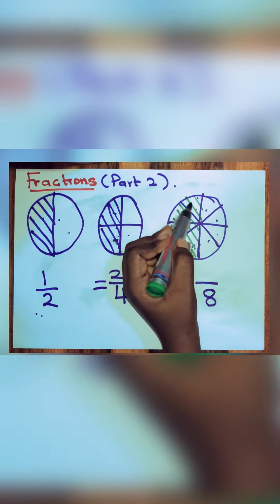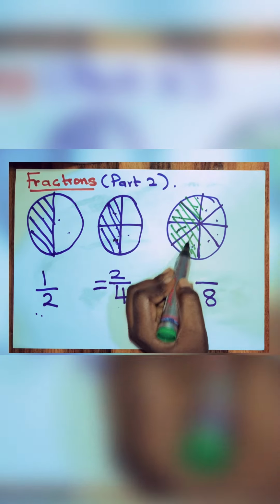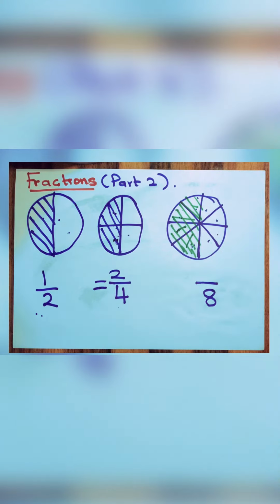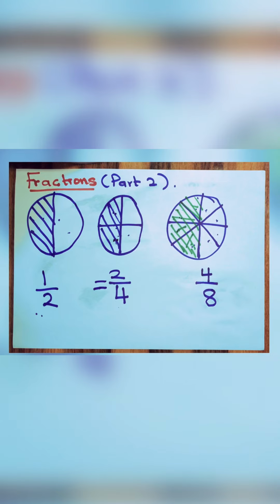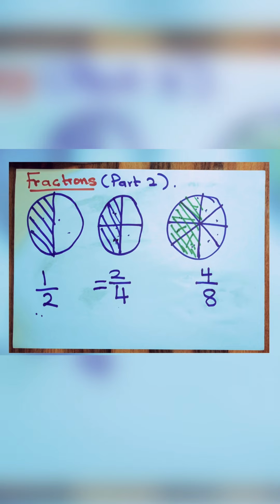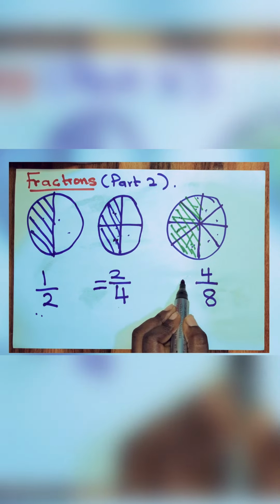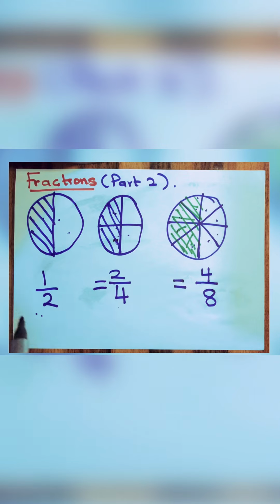Well, I have eaten 1, 2, 3, and 4. So our numerator here will be 4. So I have eaten 4 equal pieces out of the 8 pieces. And so once again, this fraction over here, 4 over 8, is equivalent to 2 over 4, which is equivalent to 1 over 2.